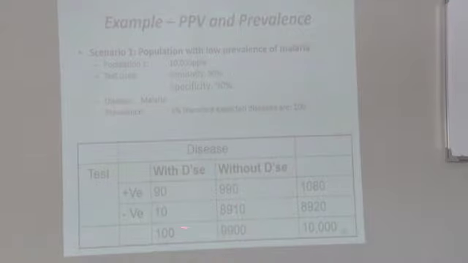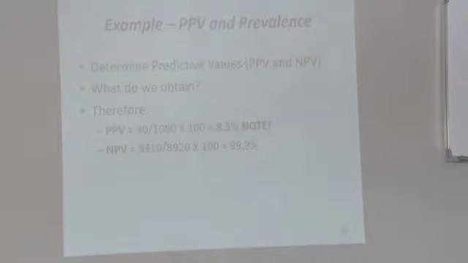So with this information, let us compute the positive predictive value and the negative predictive value. So the positive predictive value, we said, is this figure here over the total here, which is 1,080. So 90 divided by 1,080. While the NPV is this figure here divided by 8,920.